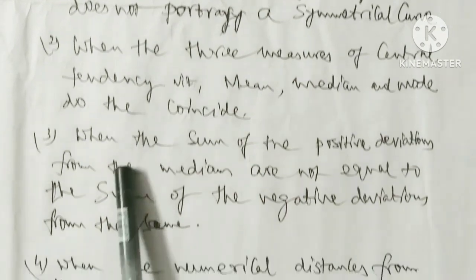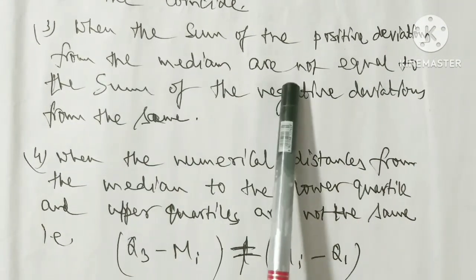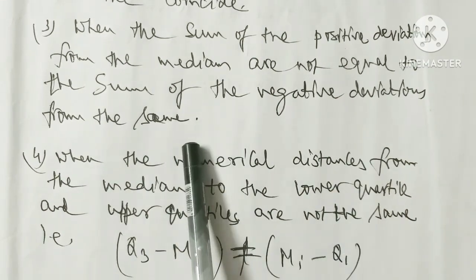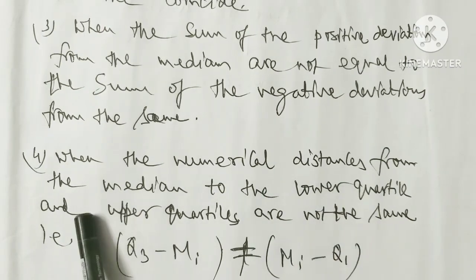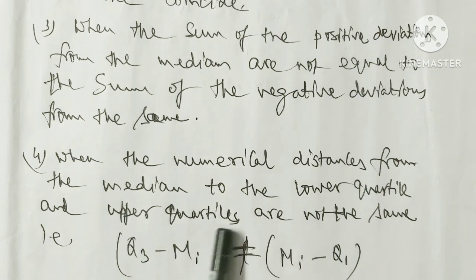Number 3, when the sum of the positive deviations from the median is not equal to the sum of the negative deviations from the same. Number 4, when the numerical distances from the median to the lower and upper quartiles are not the same, that is, quartile 3 minus median is not equal to median minus quartile 1. This median is actually Q2.